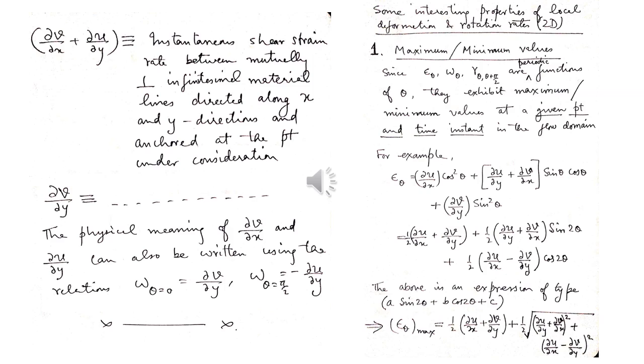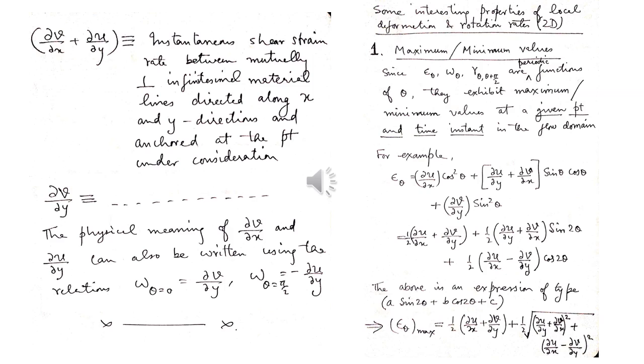In other words, there will be some material lines that will have the maximum longitudinal strain rate, and another one will have a minimum longitudinal strain rate. In the same way, a particular material line will have the highest rotation rate, while another material line will have the lowest or the minimum rotation rate, and so on.